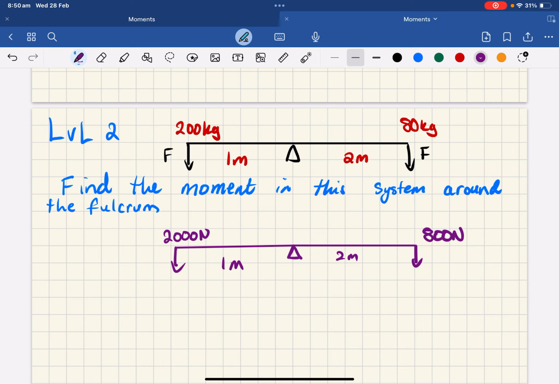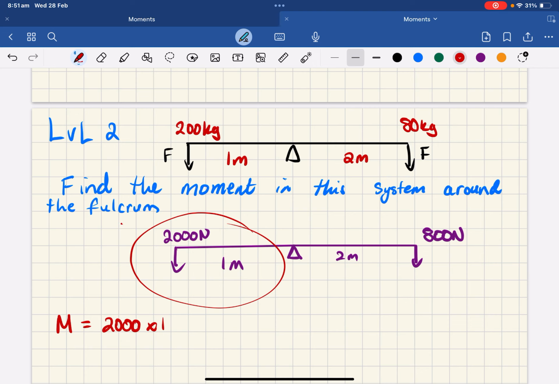So, what we're going to do here is we're going to have a look. The forces are perpendicular to the distances, that's good. So we're going to have a moment on both sides. Let's do this side first. So my moment equals 2000 times 1.